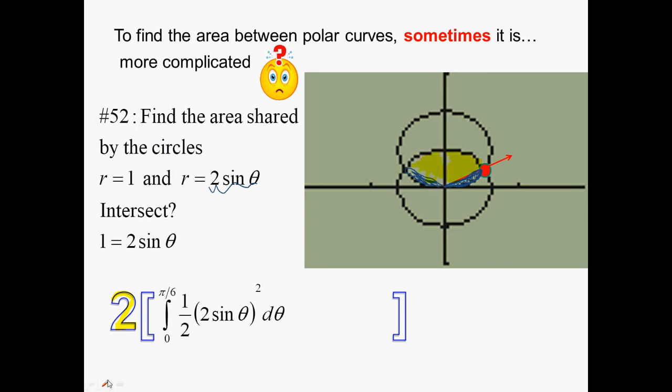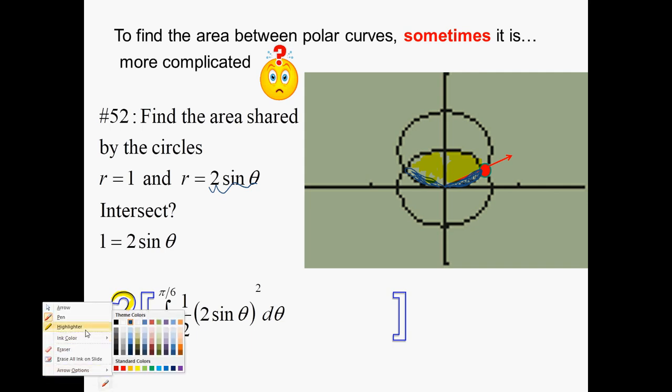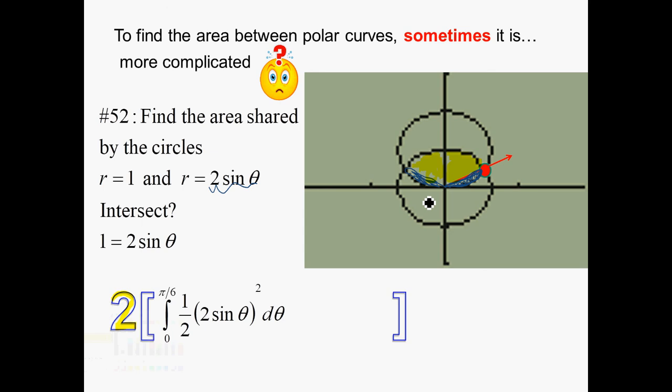So if I just find blue area 1 and yellow area 1 and multiply by 2, I will get yellow area 2 and blue area 2 as well. So how am I going to do that though? How am I going to get this yellow area?